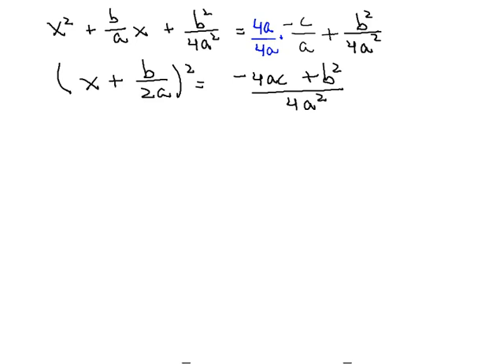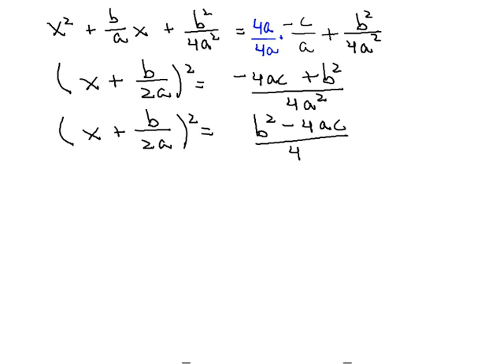And what I'm going to do next, before we take the square root of both sides, is reorder the terms in the numerator of the fraction on the right hand side. So I'm going to write this as b squared minus 4ac then, all over 4a squared.